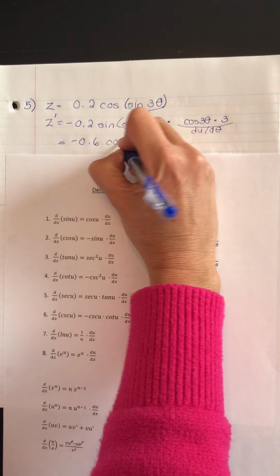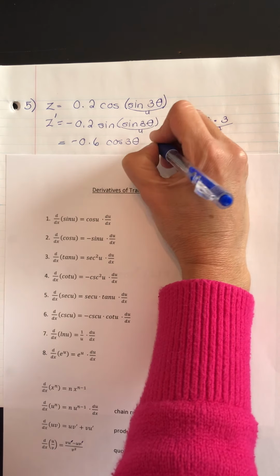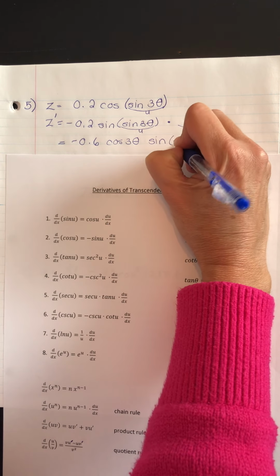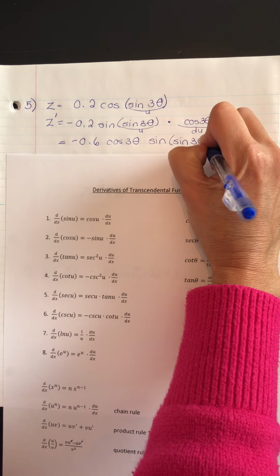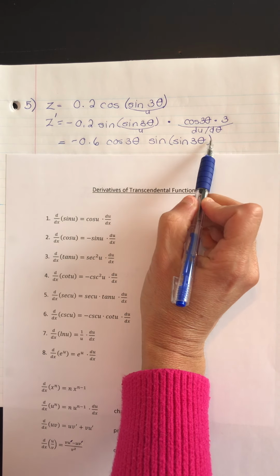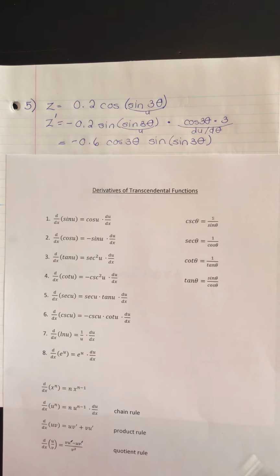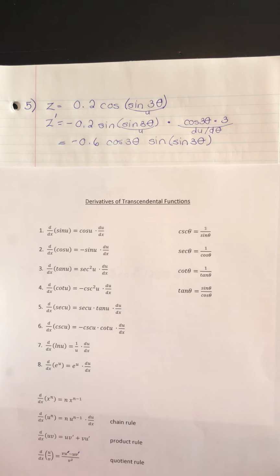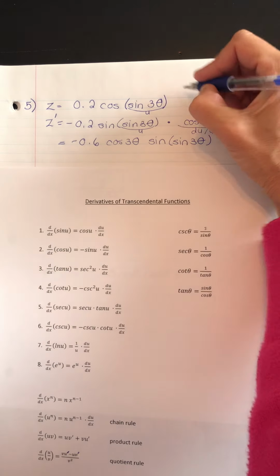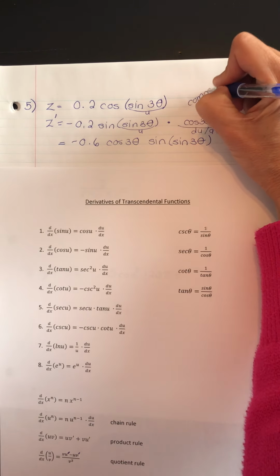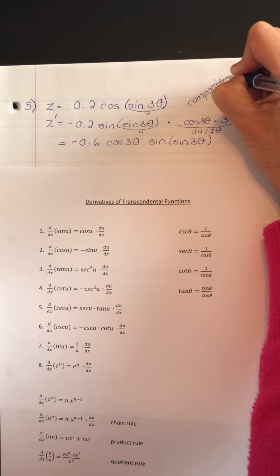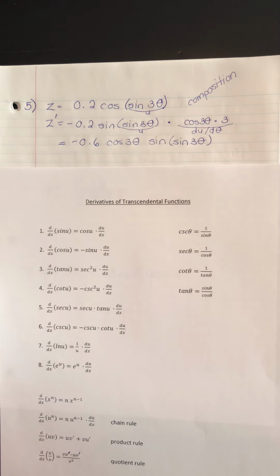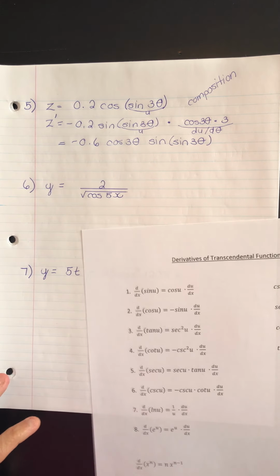So you could put cos 3 theta first, then sine of the sine of 3 theta. Or we could have put this one before this one and it would be the same thing. So this is a little bit tricky. Again, that's called composition of functions. I can write the word for you. Composition of functions. All right, we're going to do just 2 more together.